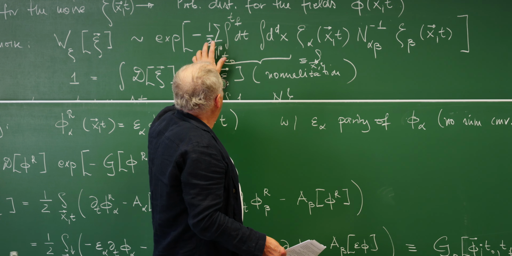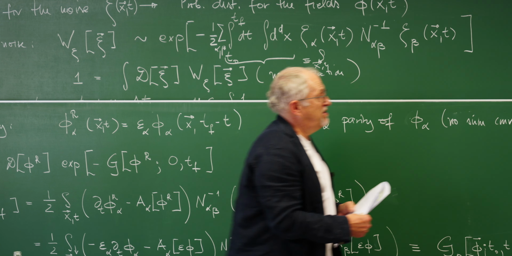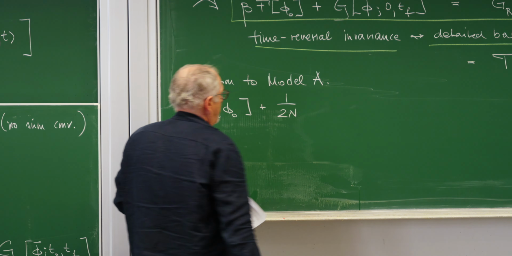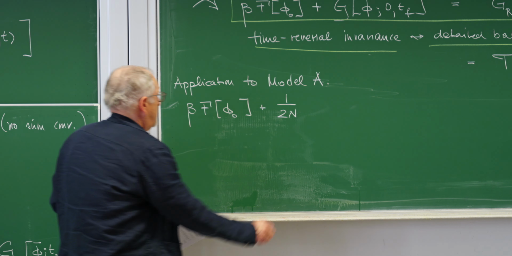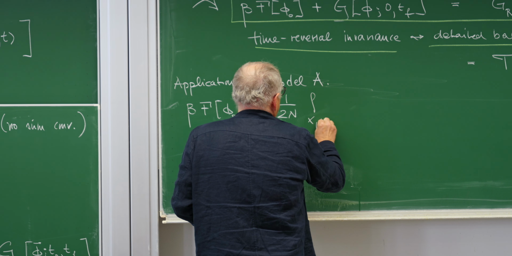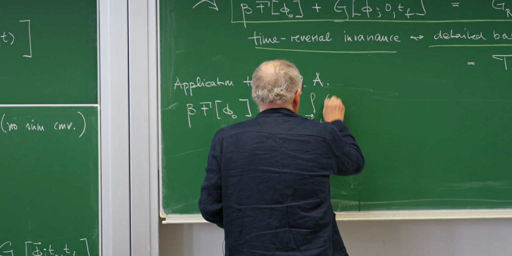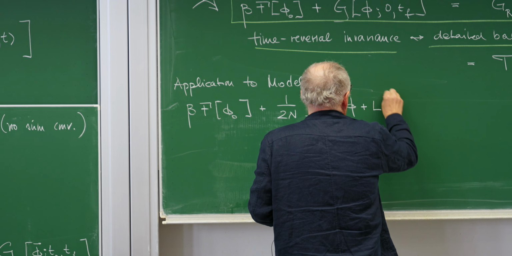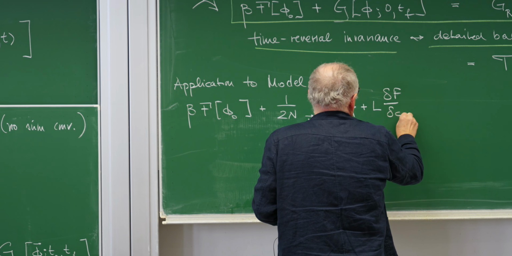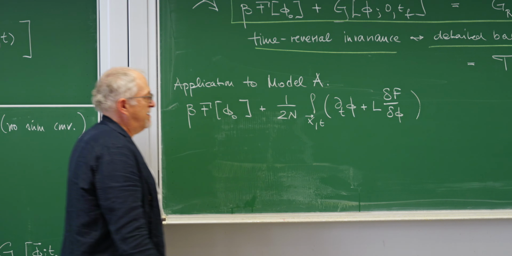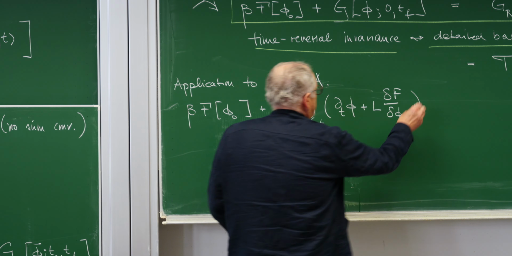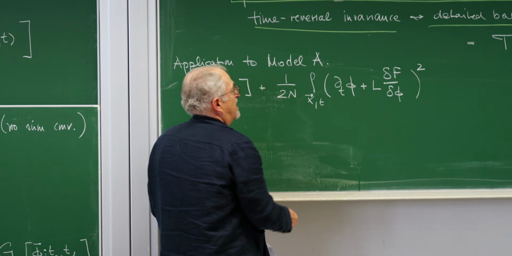So you have 1 over 2n, and that's what you have here because this is a scalar one-component theory. And then you have an integral over space and time. And inserting the equation of motion just means you write L dt phi plus L df d phi. That's the model A expression for the equation of motion. And of course you have a square because it's Gaussian, right?